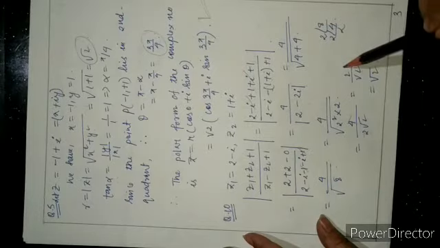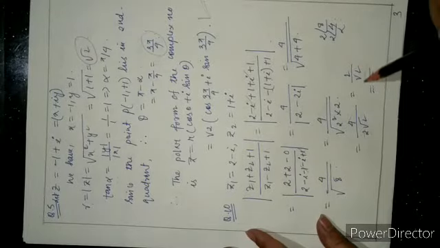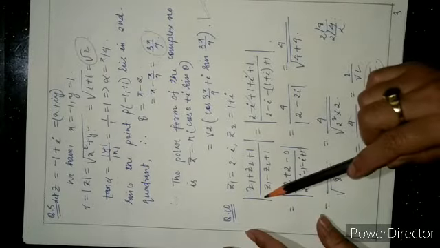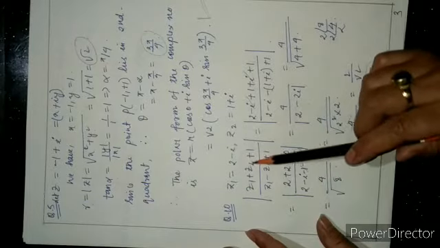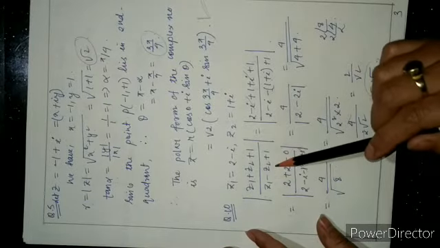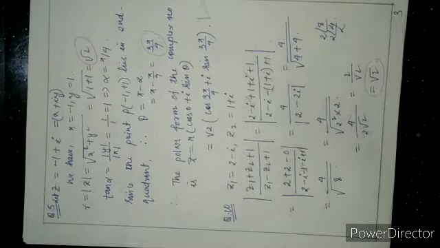Then this 2 can be expressed as root 2 whole square, and root 2 whole square divided by root 2 gives root 2. Root 2 is the value of the expression modulus of z1 plus z2 plus 1 divided by z1 minus z2 plus 1.